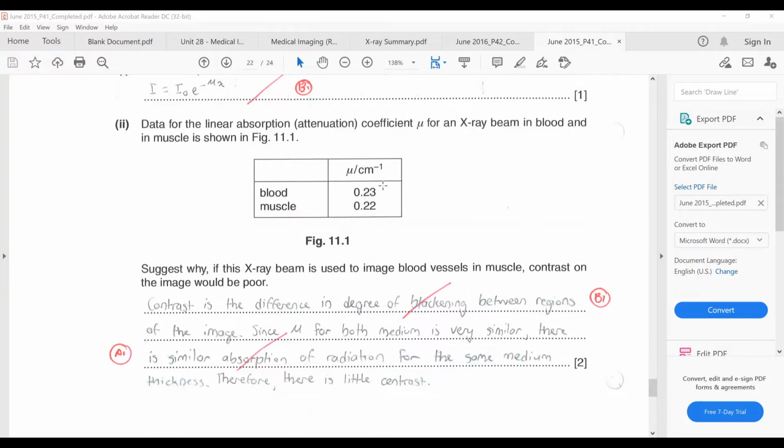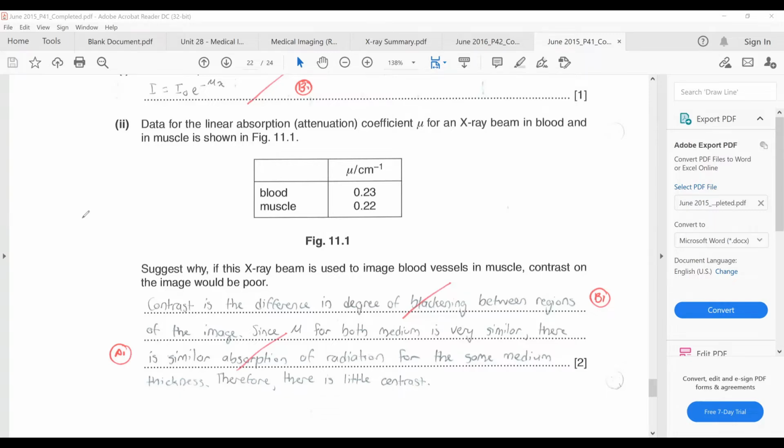They want an image of blood in muscle, but you have to explain why the contrast of the image would be poor. Just now, as I mentioned, in order to produce your X-ray image, you need to darken your film.